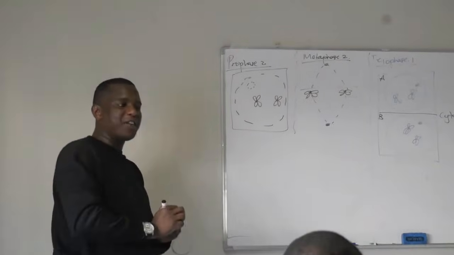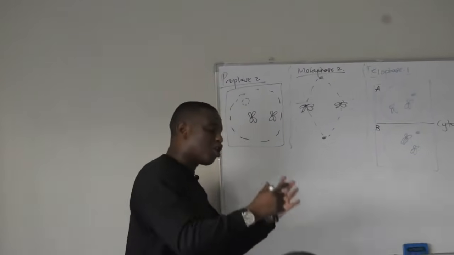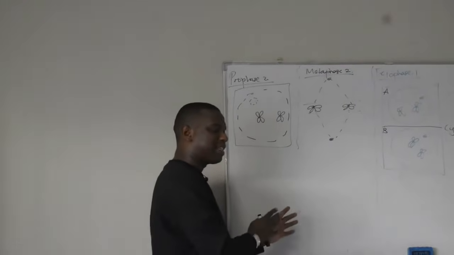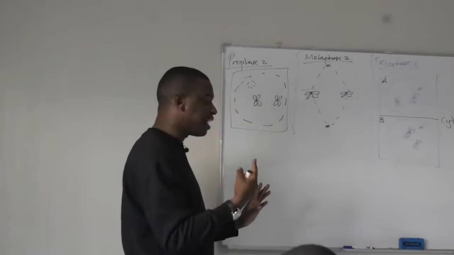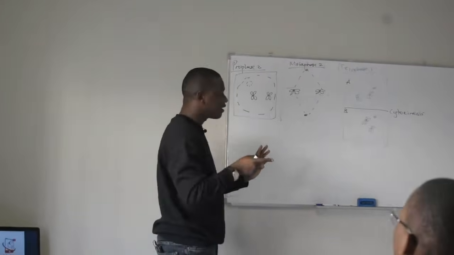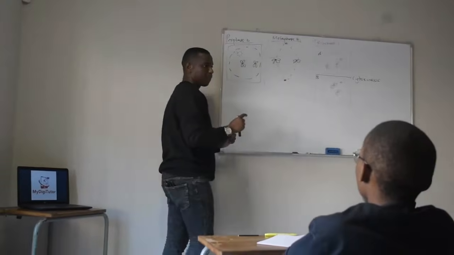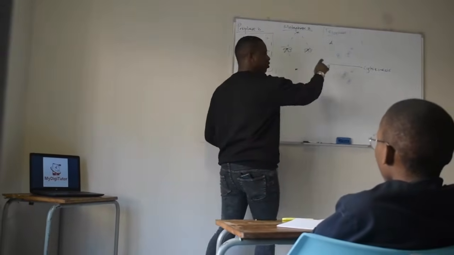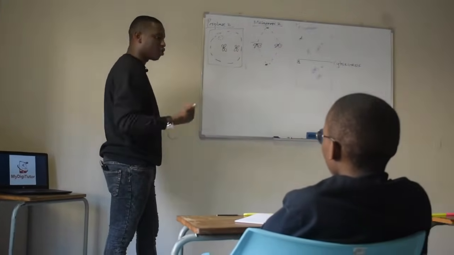So whatever you said in metaphase 1, chromosomes randomly arranged along the equator in homologous pairs, now you have to change that and say chromosomes randomly arrange themselves along the equator in a single row, not in homologous pairs. So once you see chromosomes arranged in a single row, you know I'm dealing with metaphase 2.